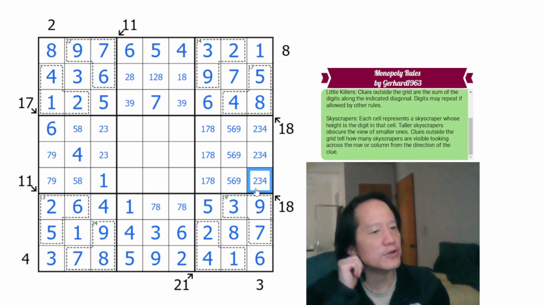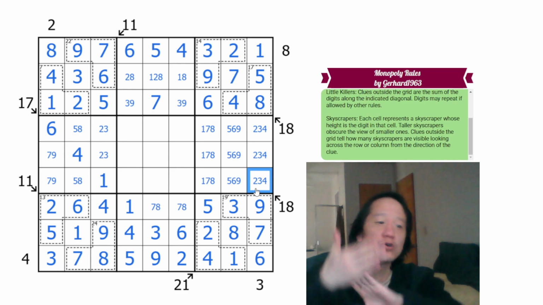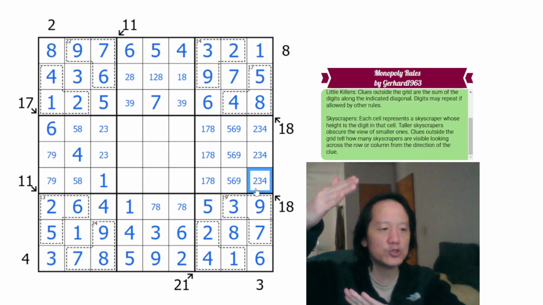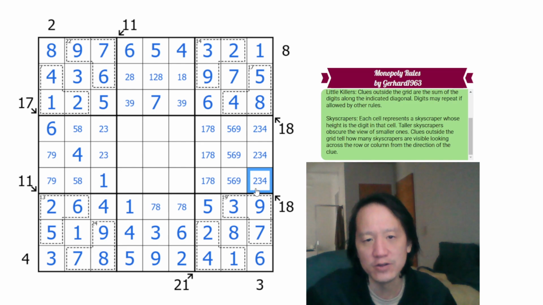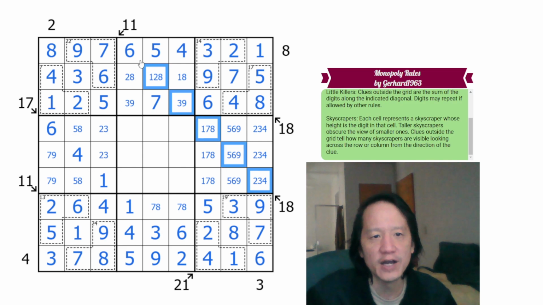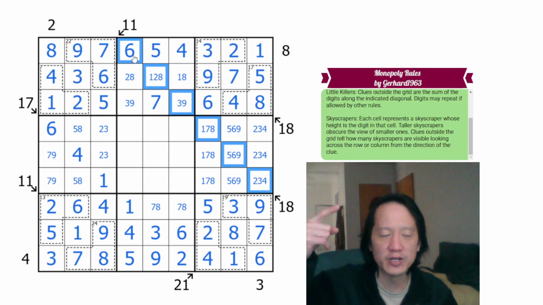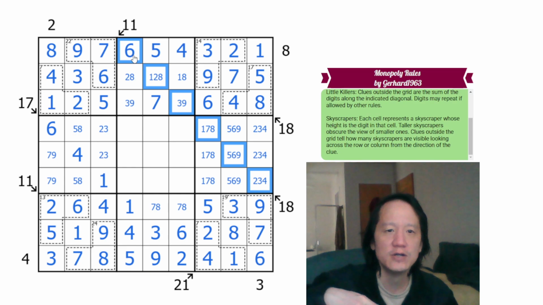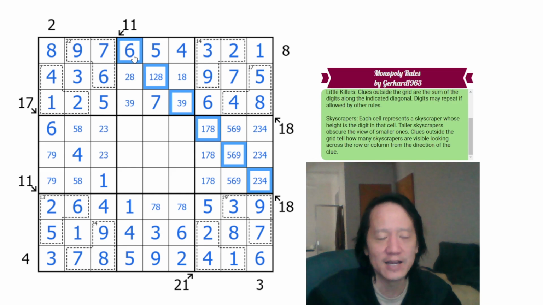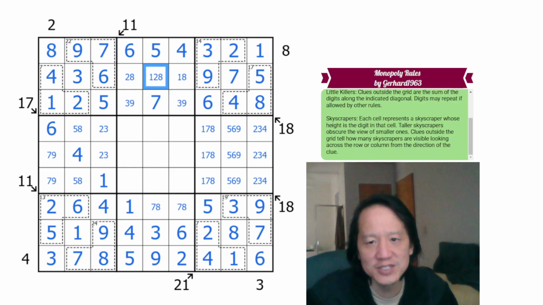So that's why you know that if you have a minimum or you have a maximum that adds up to a certain value on the little killer clue, you know that you can't go any further higher for the minimum or lower for the maximum to get that same value along the diagonal. So therefore, you know this is the minimum too.